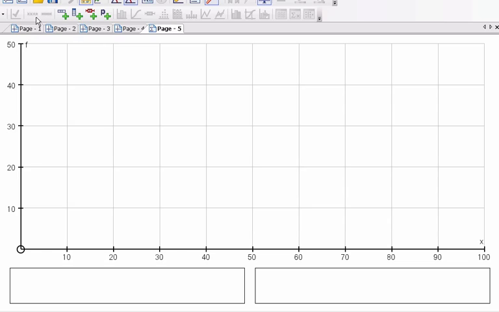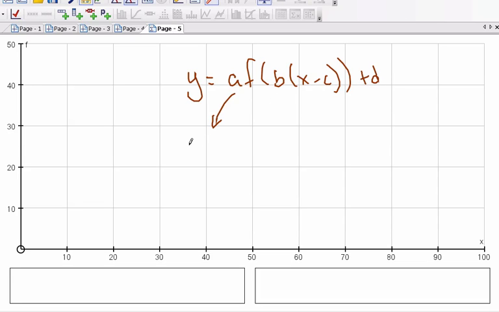So if I have the function here, y equals a f of bx minus c plus d. This here is the vertical stretch.